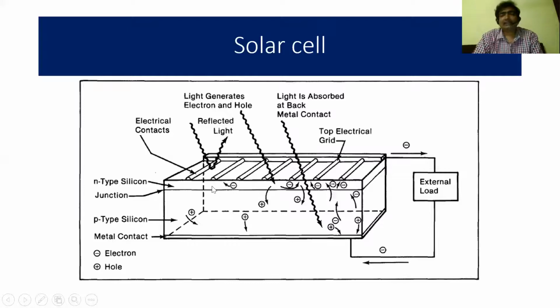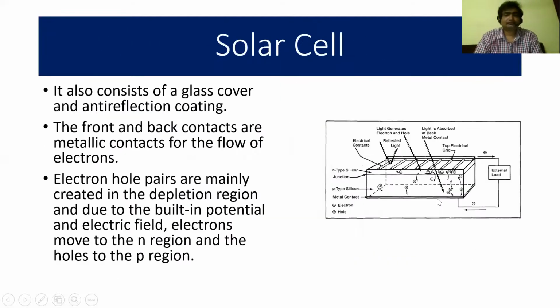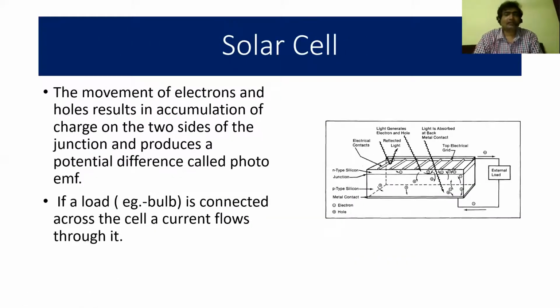So the N region has excess electrons, the P region has excess holes. When we connect these two regions with the help of a voltmeter, it will give a potential difference or a voltage. So this is the working of a solar cell.